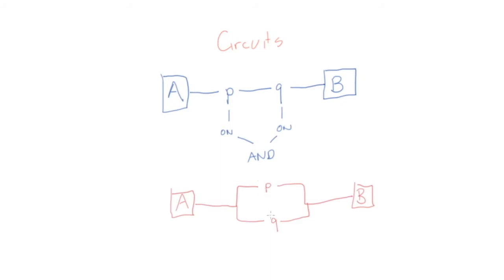So only one of these needs to be on. Either P could be on or Q could be on, but only one of them needs to be on. So in this kind of situation, we have an OR. So we can model the distinction between and, or with circuits, just like we can with set theory and just like we can with logic.